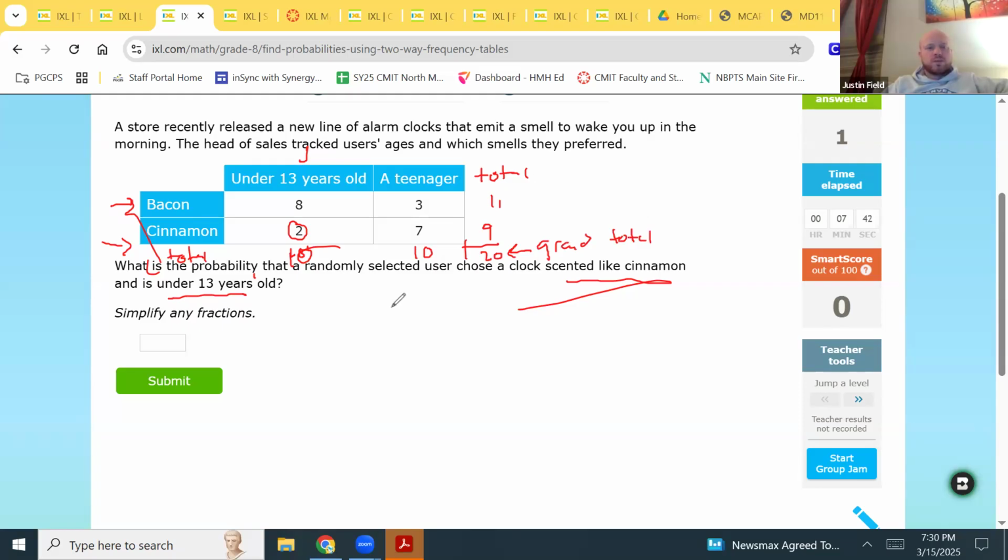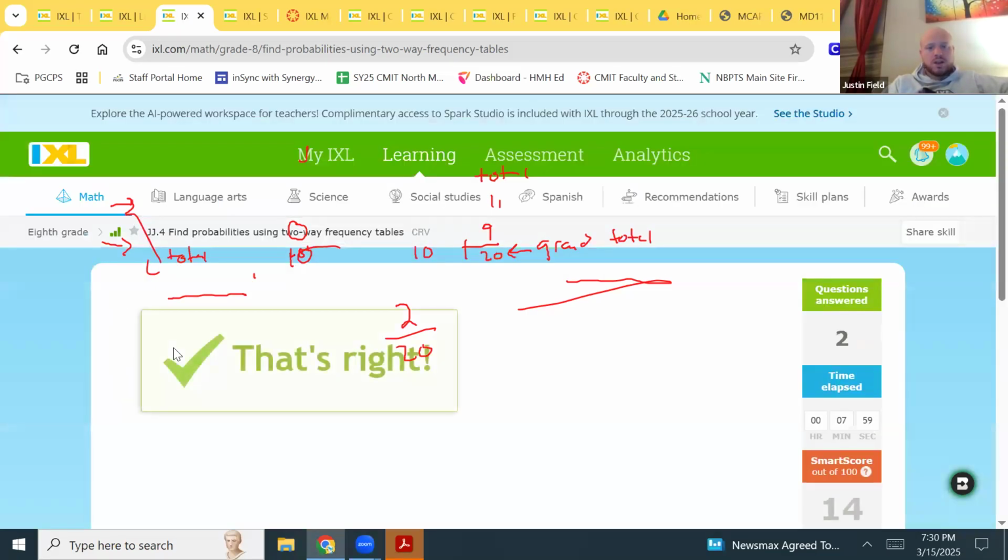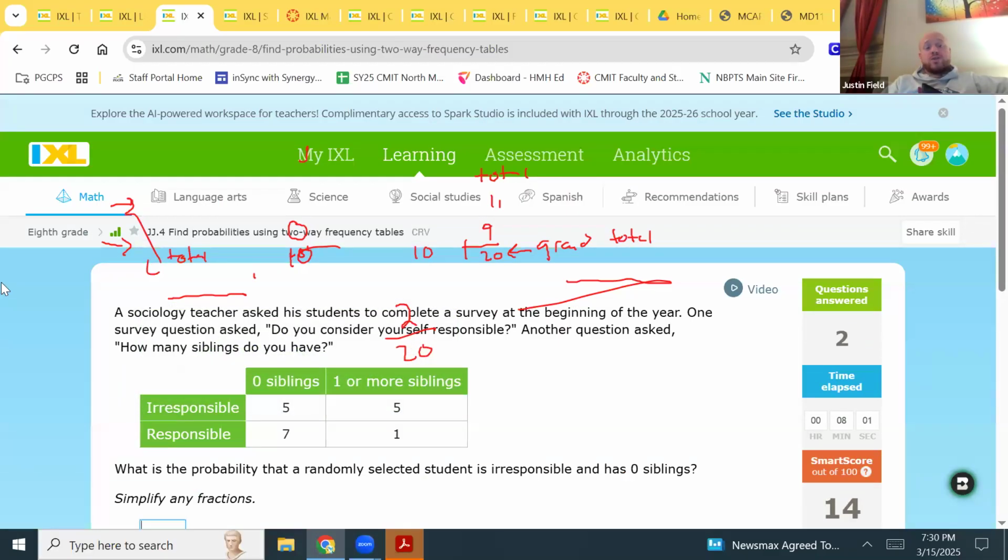So 2 people fit that description out of the 20, which is 2 over 20. But that's not reduced. I can divide both of those by 2, giving me 1/10. And that was right, guys.